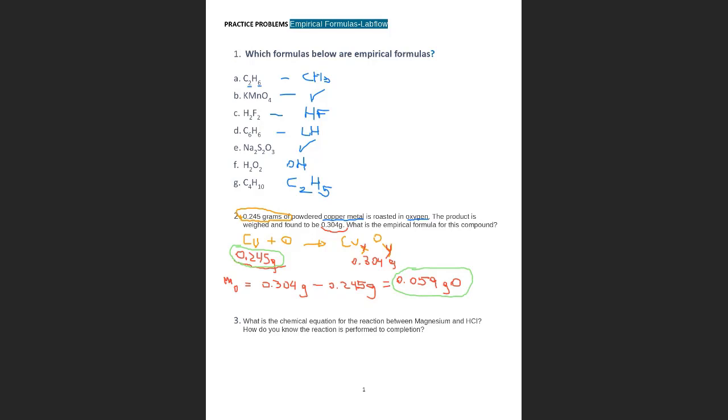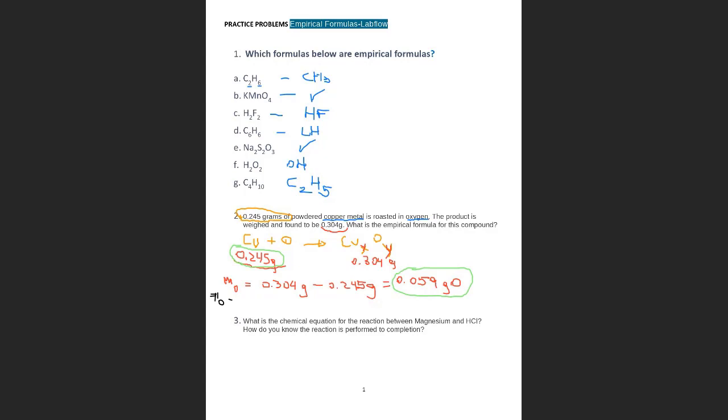So we need to convert grams into moles, and that is actually very easy. We only need to look in the periodic table. We need to look at the molar mass or the atomic weight of the oxygen, which is 16, and the same with copper.